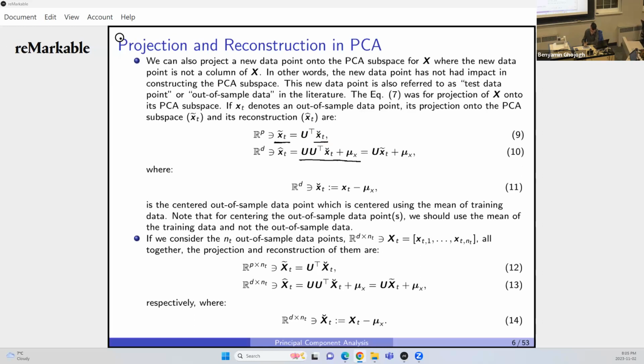We can also reconstruct it and add back the mean of training. We can also write it in matrix form as before. As I said here, I have removed the mean of training from the test data.